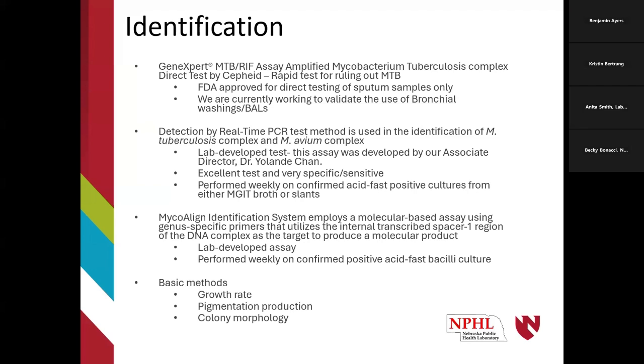And then molecular diagnostics sends it back to the AFB lab for reading out of the sequences. So it is a kind of a lengthy process. And again, we always use our basic methods to correlate these other tests by growth rate, pigmentation production, and colony morphology. They need to be consistent with what we have identified.